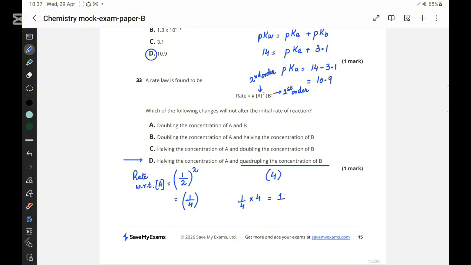So we don't have any change in the rate. The rate becomes 1/4 for A, and quadrupling B increases it 4 times, so 1/4 times 4 becomes 1. So the answer is going to be D.